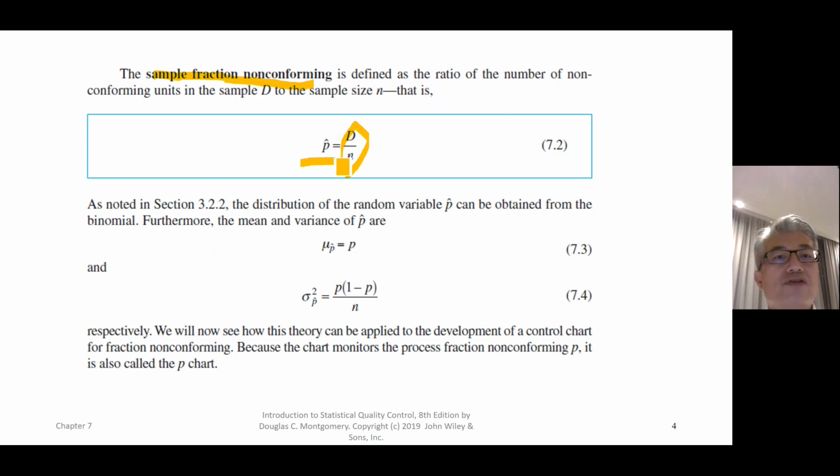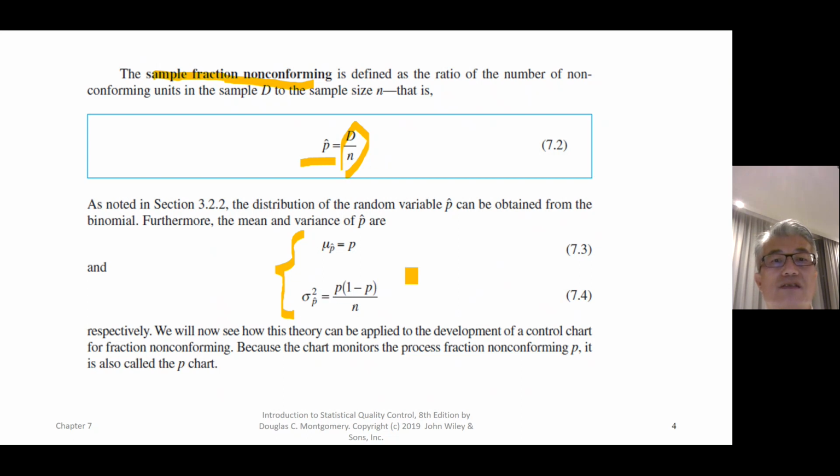As noted in chapter 3, the distribution of the random variable p hat can be obtained from the binomial distribution. Moreover, the mean and the variance of p hat can be calculated corresponding to p.